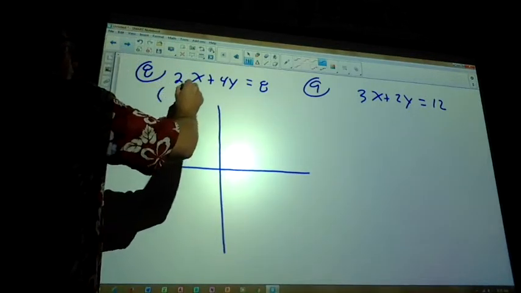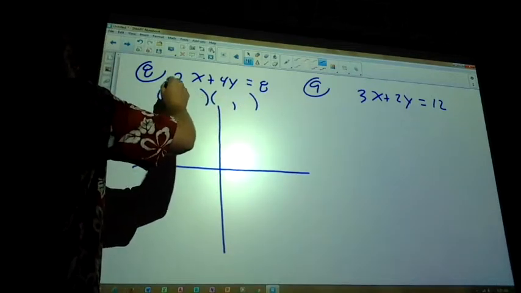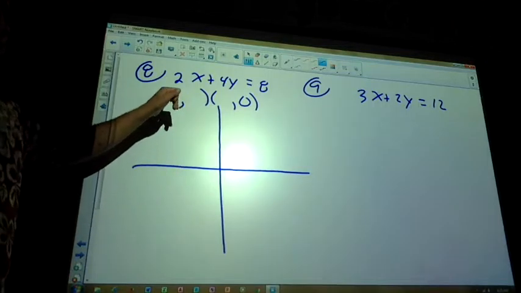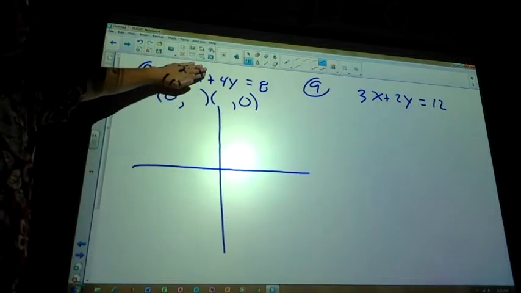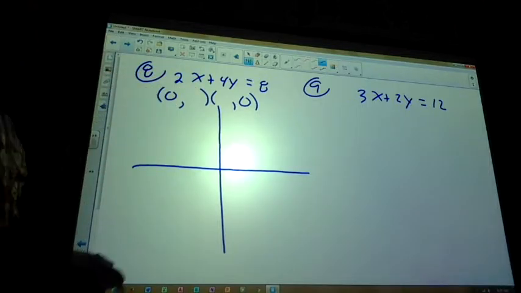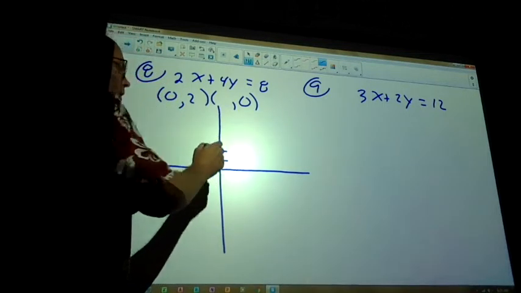So let's be careful on this. I want to make sure you feel comfortable. I'm plugging 0 in either for x or 0 for y. That's why we are covering the appropriate one. If I plug 0 in for x, that means I'm covering this. So I get 4y equals 8. So what's y equal to? 2. So 0 comma 2 is right here.